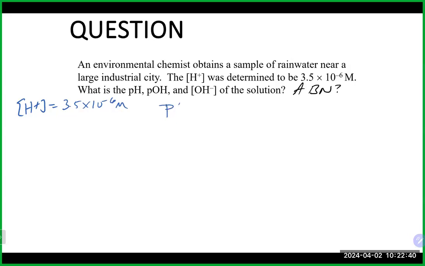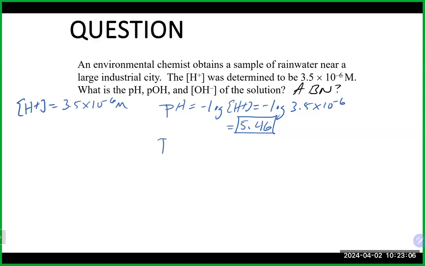So we could go right into our pH with that, minus the log there of H plus, going to get us negative log 3.5 times 10 to the minus 6. So we're going to hit the negative button, the log button, 3.5 exponent negative 6. Going to give us a 5.46 pH.